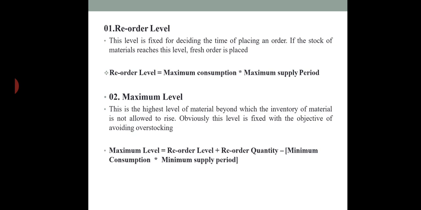Then maximum stock level. Maximum stock level is nothing but to avoid excess stock. It determines the highest level of material beyond which inventory material is not allowed to be bought or kept in stock.